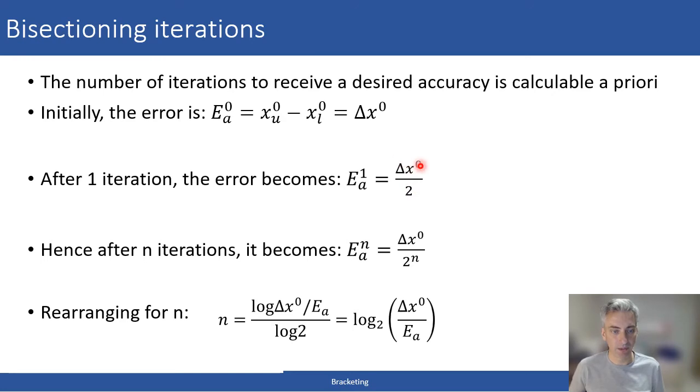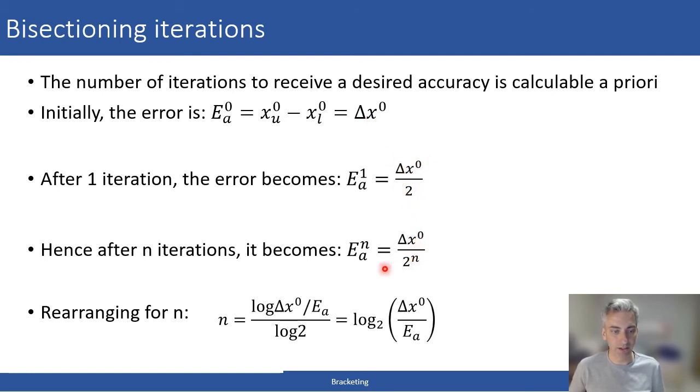So we'll have doubled our accuracy. After a second iteration, we will have quadrupled our accuracy, because the second iteration will be half of delta x divided by 2. And after 3 iterations, the accuracy will be an eighth of the original accuracy.